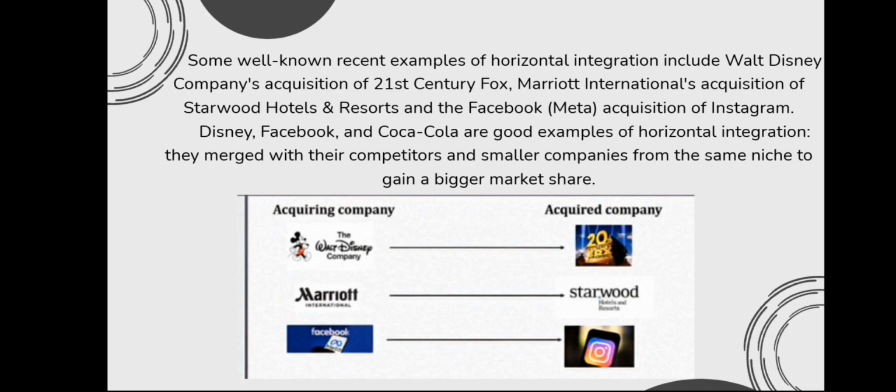Since they are kind of similar, they decided to combine. So that's how horizontal integration works. It's about combining two similar companies to grow bigger and to expand more. Okay?